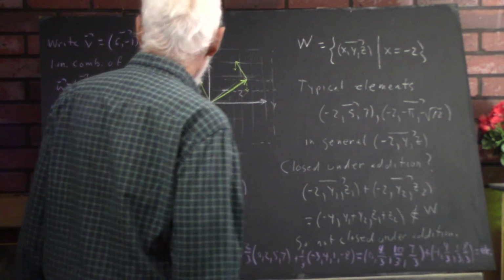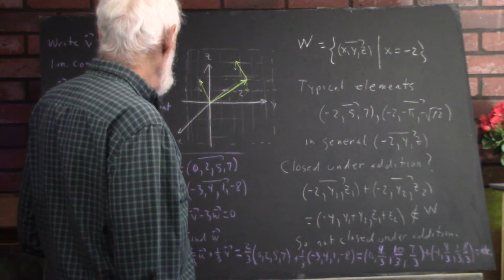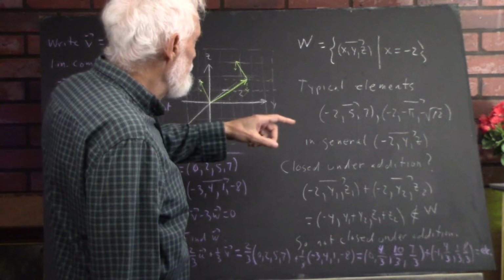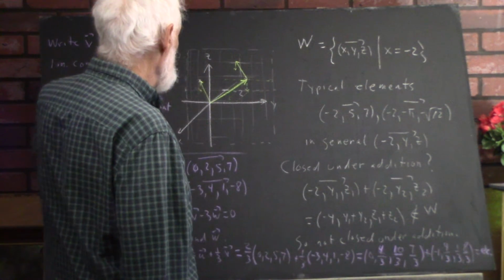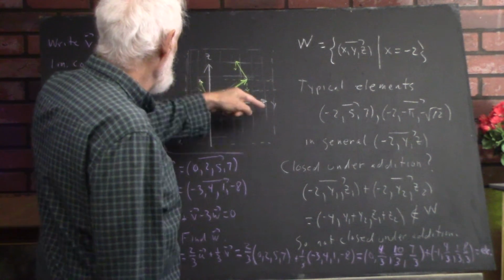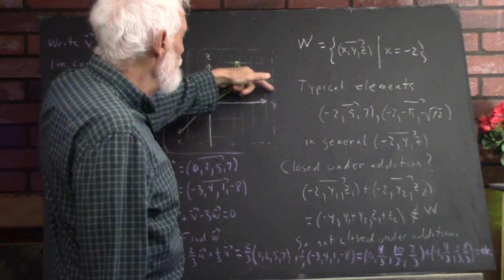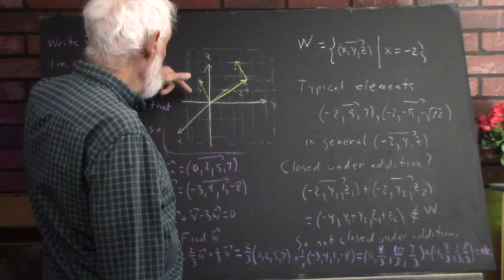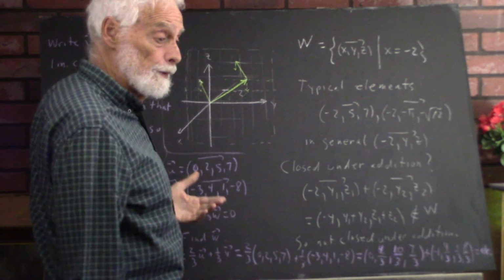We can look at this geometrically. It might be a little hard to see this picture. But if the x-coordinate is negative 2, then in R3, here's x, here's y, here's z, here's negative 2. Here's a line, x equals negative 2 in the xy plane, but every point above and below that also has x equal to negative 2.